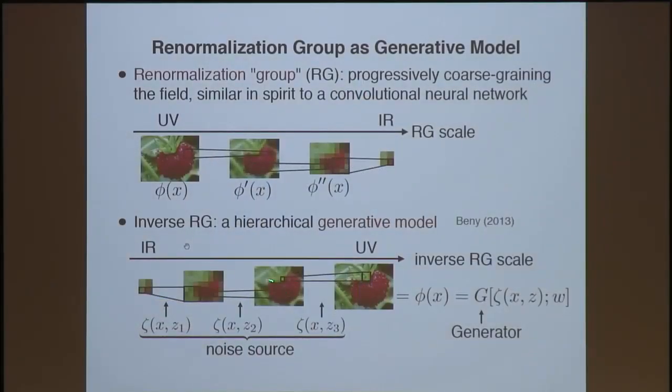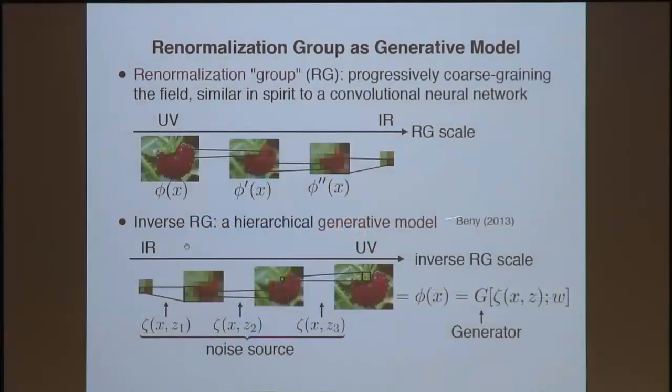So suppose we can supply this random noise back on each layer, back into this RG transformation, and run the RG transformation the inverse way. Then we are able to generate field configurations. Of course, we generate an ensemble of field configurations because of this random noise. And then this becomes a hierarchical generative model.